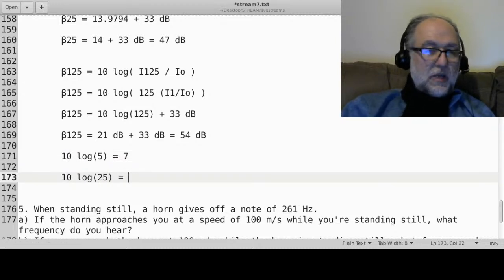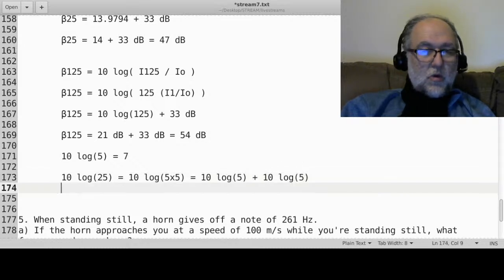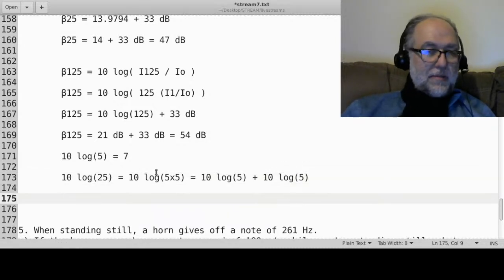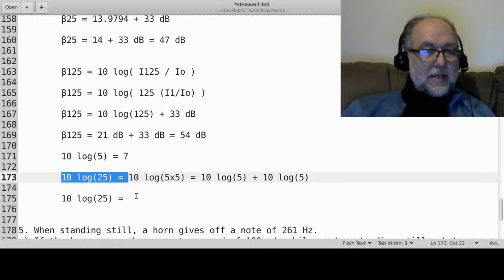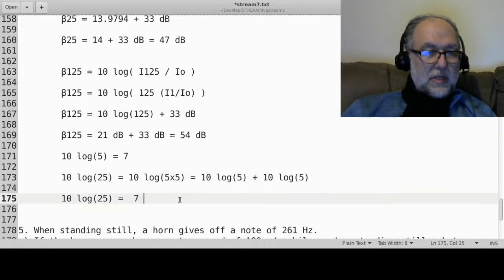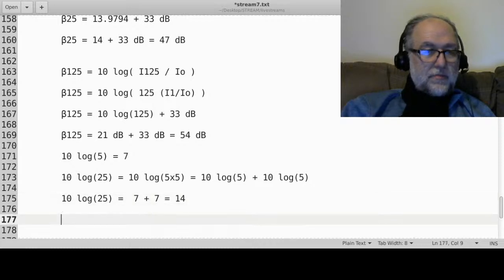But 10 log 25 is equal to 10 log of 5 times 5, and that's equal to 10 log 5 plus 10 times the log of 5. You go, what did you just do there? I played that same trick again where I took that multiplication and I turned it into addition. But what's that now? That is going to equal, the first one is 7, the second one is 7, and that's equal to 14.